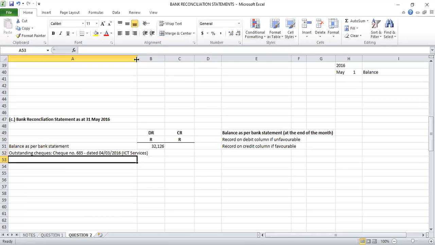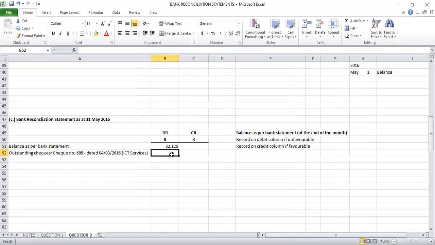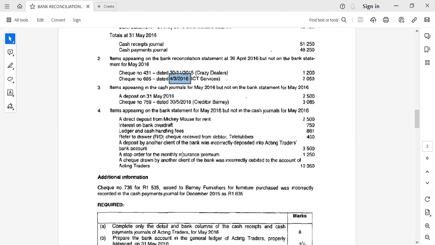Right, so outstanding checks, we record them on the debit side of the bank reconciliation because they will have an effect of reducing our bank account. So any amounts that are outstanding from last month, which have not yet been cleared, will still be outstanding. They should still appear in the bank reconciliation statement.